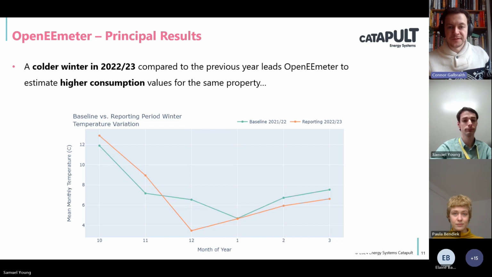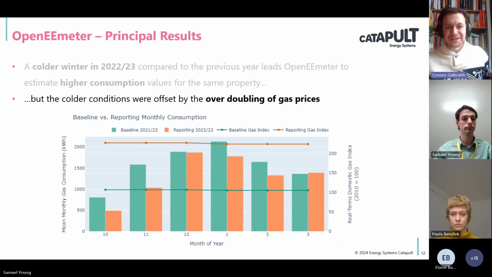You can see that in the reporting period the year after, the winter of 22-23, it was notably colder in the months that matter, i.e. December, January and February. Given that OpenEEMeter only uses the external temperature and some calendar effects to predict gas consumption, you would expect it to forecast a higher level of gas consumption in the reporting period because the temperatures are colder. However, if we look at the next slide, we find that in reality, this is not what we see at all.